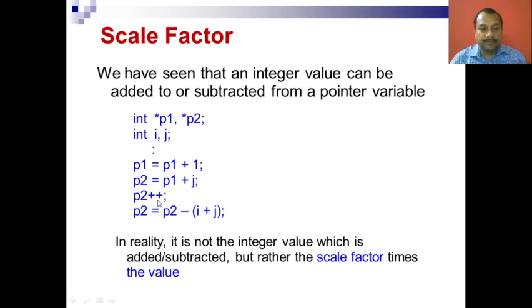Then p2++, so increment by another, from the ith position to the i+1 position. p2 = p2 - (i + j), so i + j will be added and then subtracted. And you understand that there is an array which is not declared and shown here, but p1 and p2 are initialized with the base address of that array. Please understand and assume that.